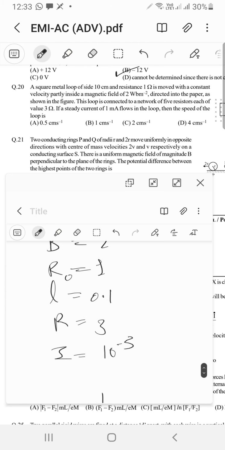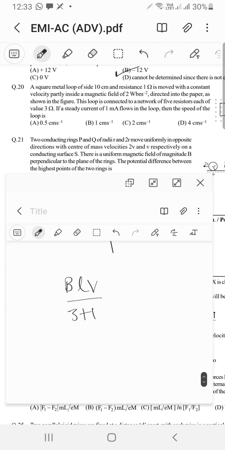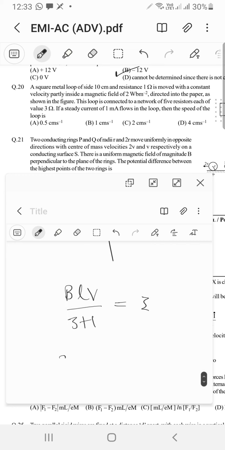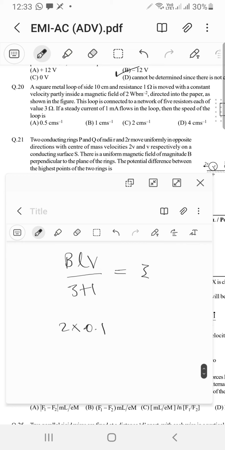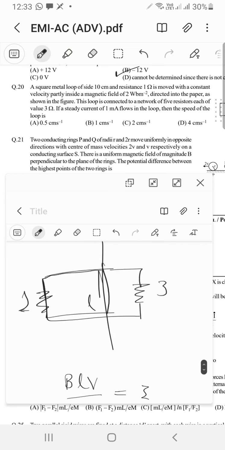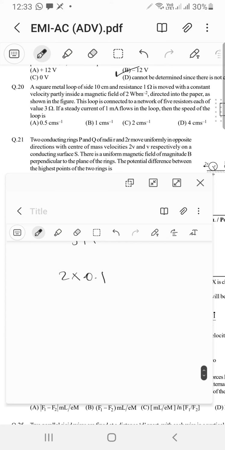Because that's 1. And that's equal to our current. Magnetic field, we know it's 2, so 2 times the length, 0.1. Oh, this is not potential, it's the velocity. We don't know that, of course.